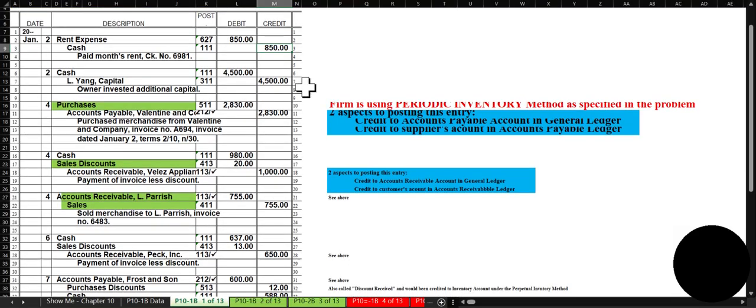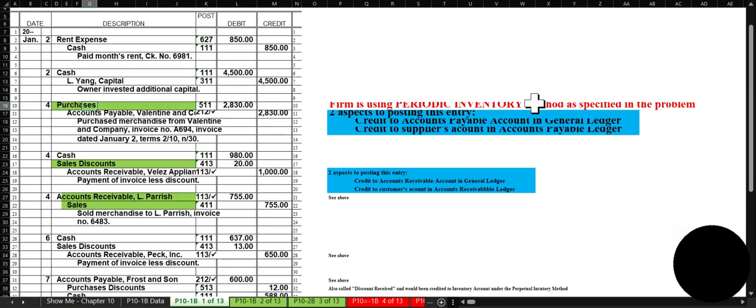And you would go through like that for each of the transactions. So the transactions themselves are not difficult. They're ones that you have seen before. So I'm just going to highlight a few things. Notice that because we are using the periodic inventory method, purchases are debited to the purchases account.